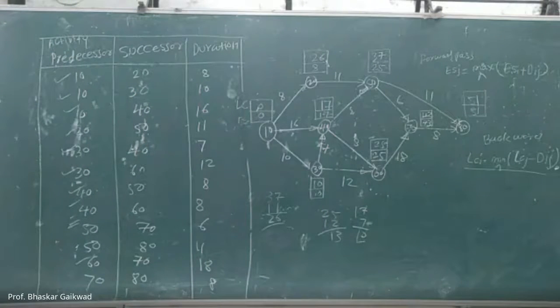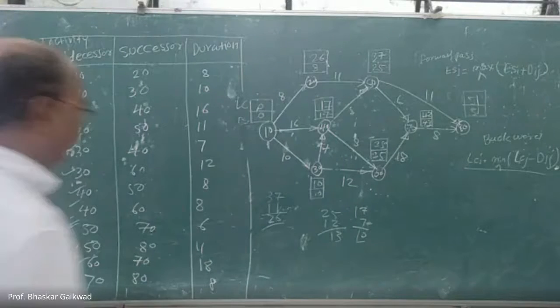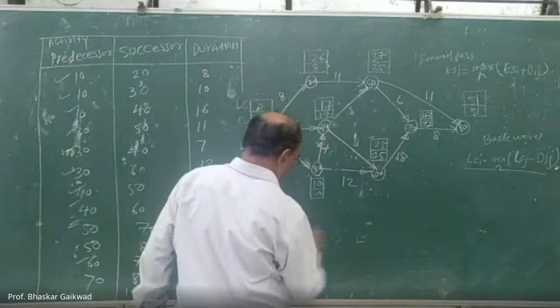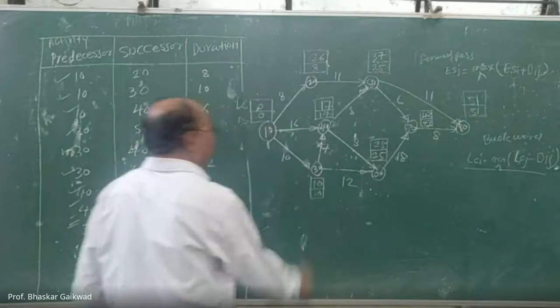Okay. Now from this you have to find the equal values, and that is your critical path.